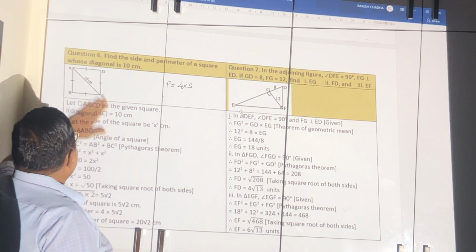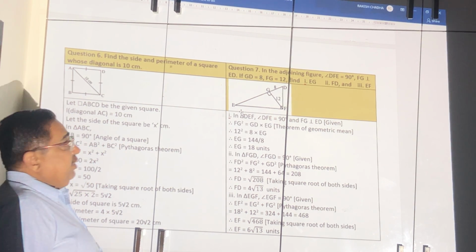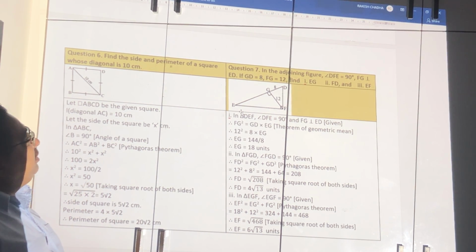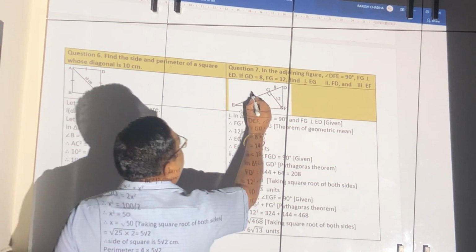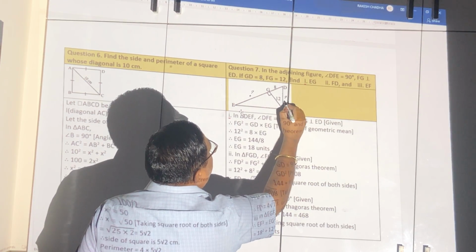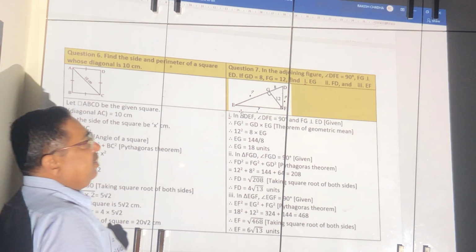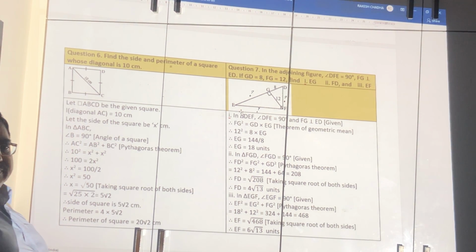Then, let's have a look at the other sum. In this, the diagram is given, and this data is given, A is 12. We have to find EG, we have to find FD, and we have to find EF. Basically, we are going to find the 3 sides of the bigger triangle.